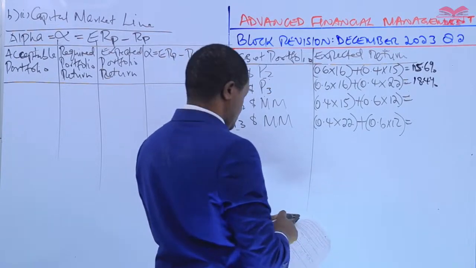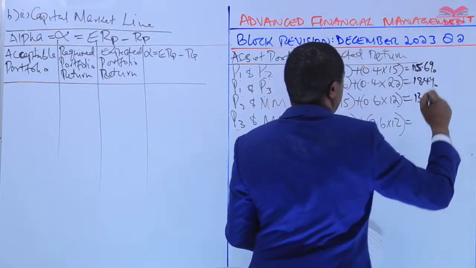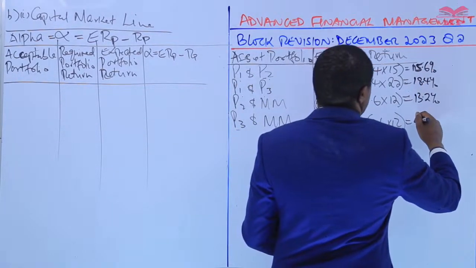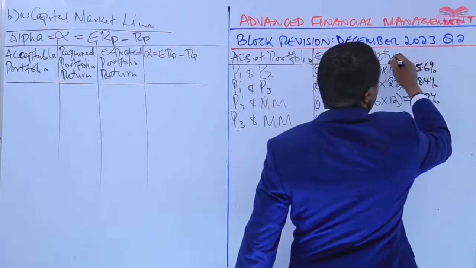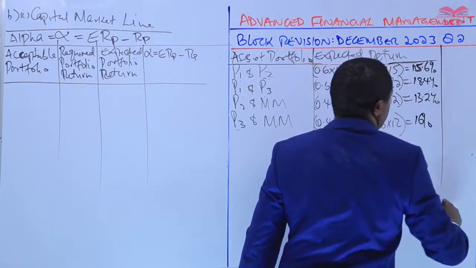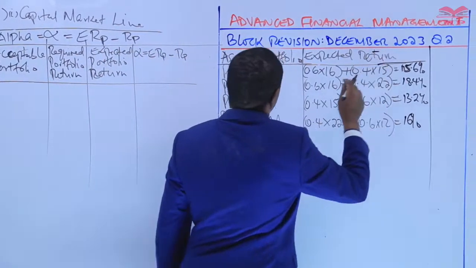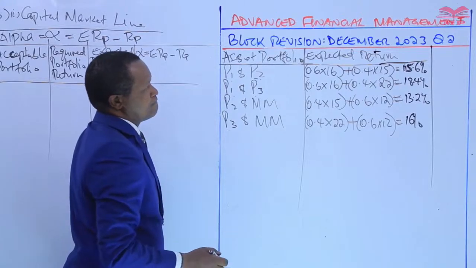Next, 13.2%. Next, 16%. So candidates, these are the expected returns from these asset portfolios.